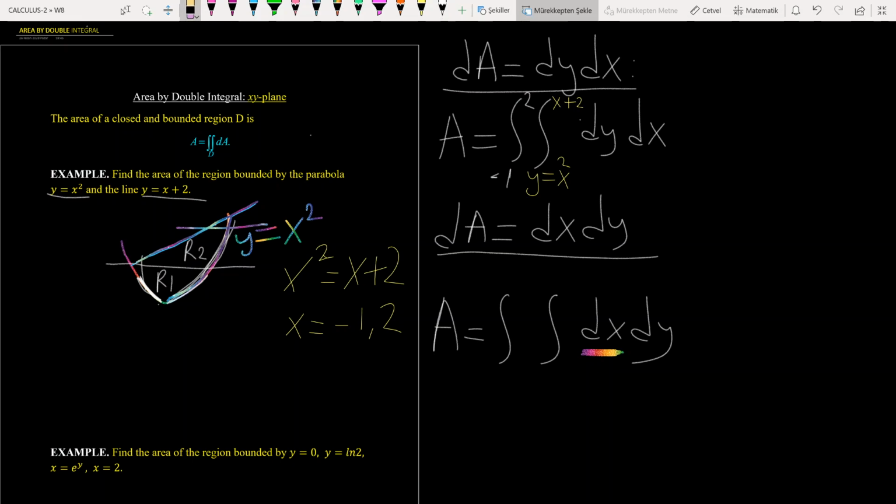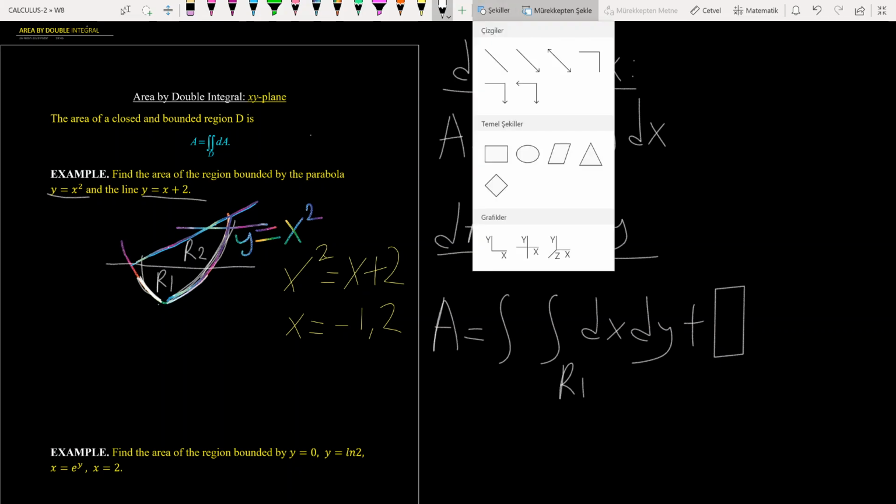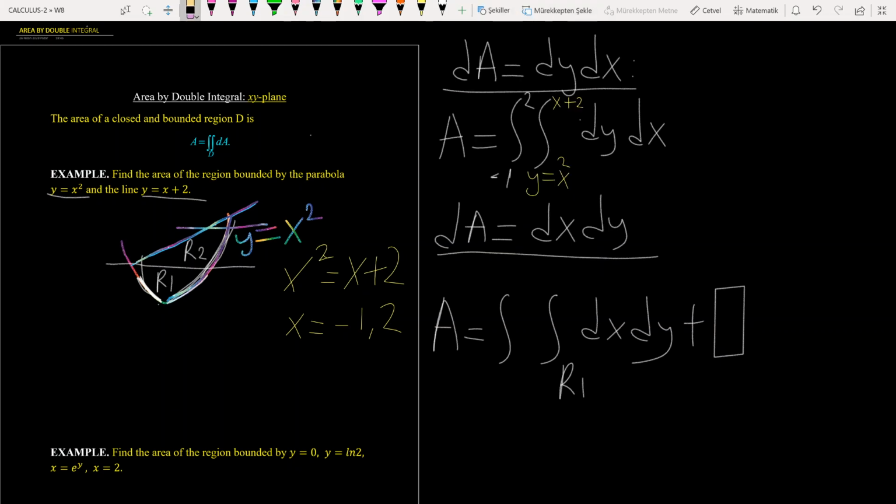So we have two regions. Let's say the area is the double integral on R1 plus the double integral on R2 of dx dy. The rest is just to write the boundaries of integration.